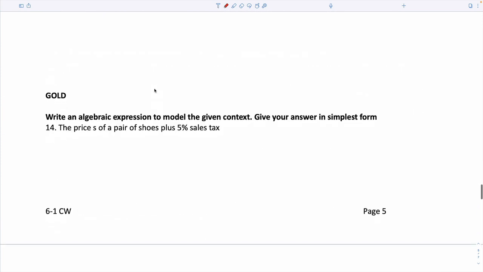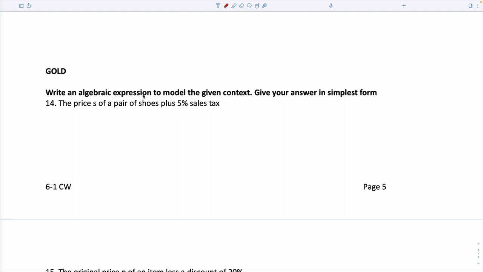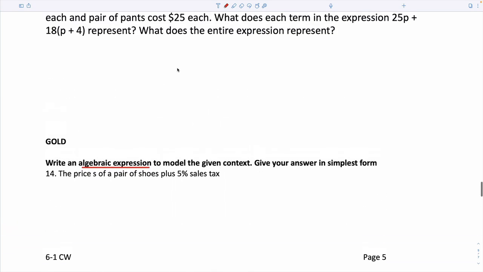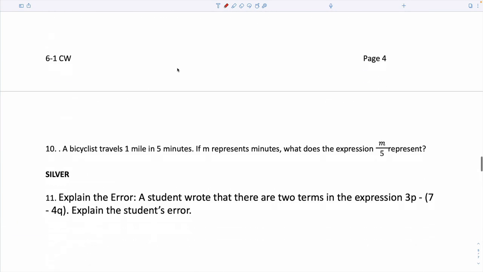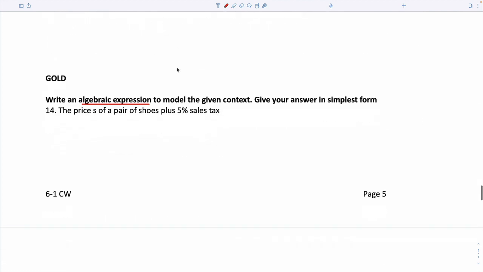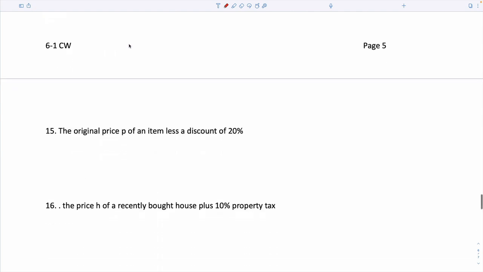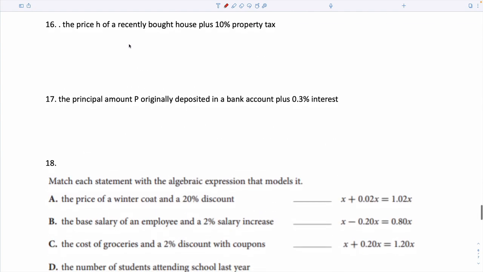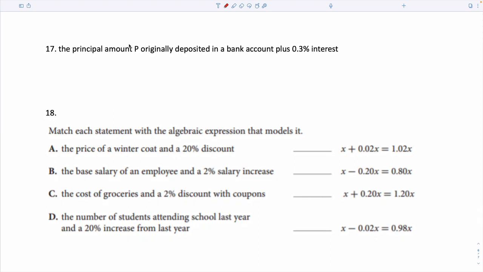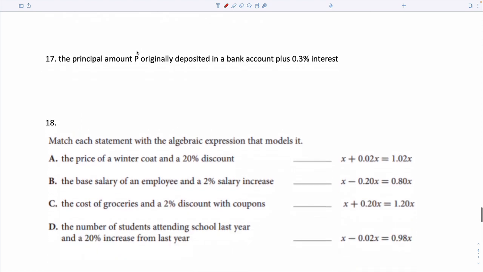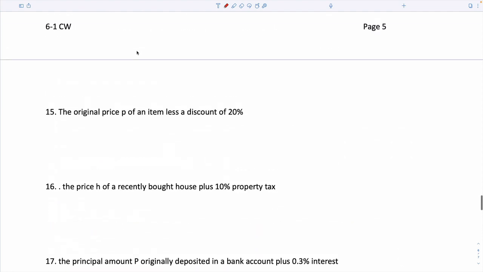Gold is going to be probably where you're going to find a little more challenge because you have to actually create the expression. They don't just give it to you. So after you do like 2 minutes of bronze, feel free to skip to gold and check your answer. You need to be really careful though, because we didn't really spend time doing this in notes today, so it takes a bit more effort mentally for you. You got 5-10 minutes. If you finish gold, as always, just head back to bronze.